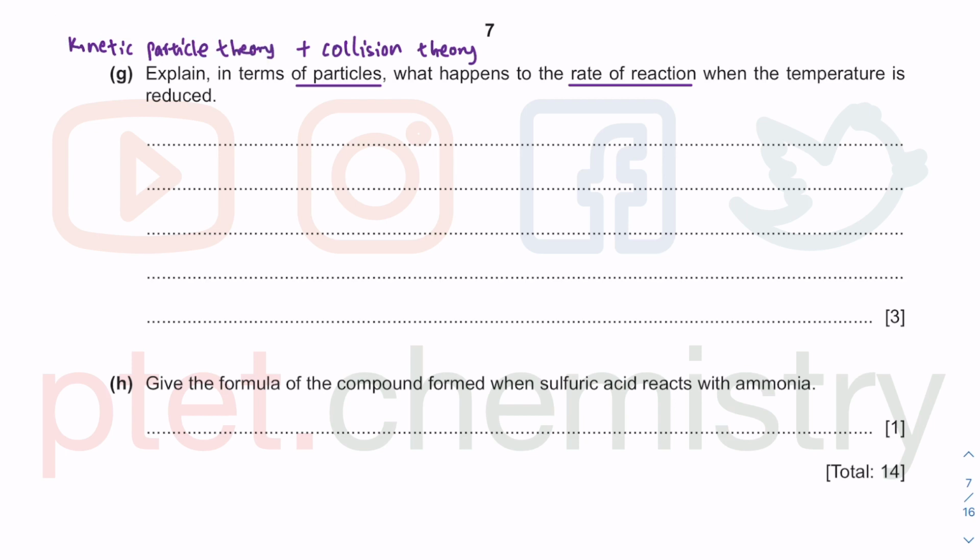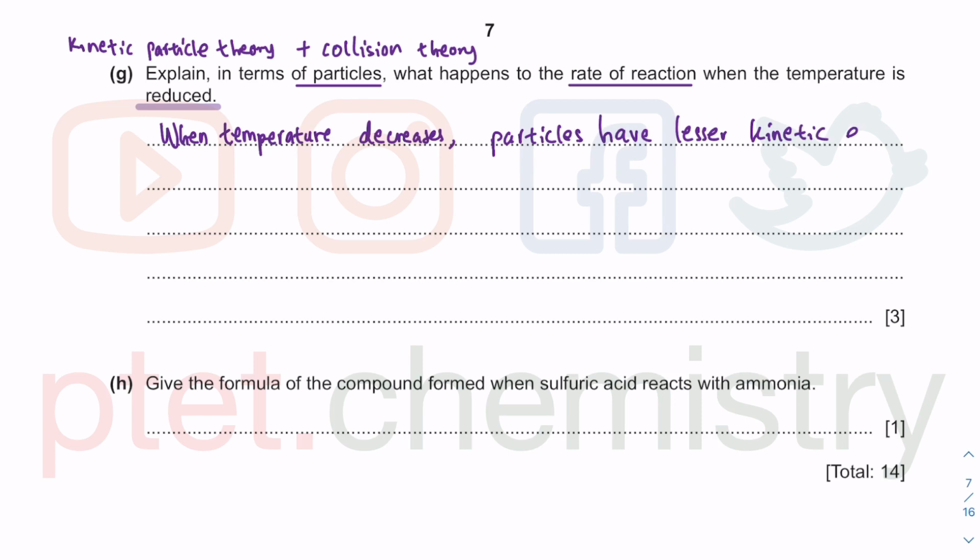When the temperature is decreased, reduce means decrease. So when temperature decreases, the first thing we notice in terms of kinetic particle theory is that your particles will have lesser kinetic energy, because kinetic energy is related to temperature. Temperature is a measure of your average kinetic energy of particles.